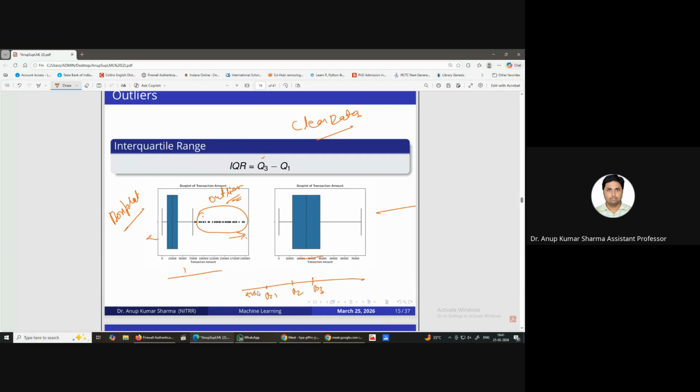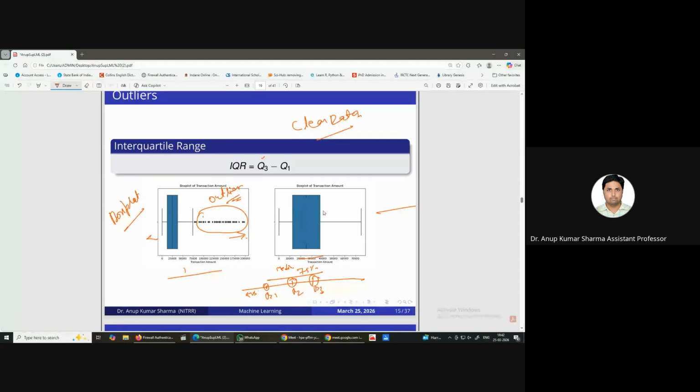Q1 is the boundary below which 25% of the data lies and above which is 75%. Q2 is the value below which 50% of the data lies and above which is 50%; this is also called the median. And Q3 is the value below which 75% of the data lies and above which is 25%.